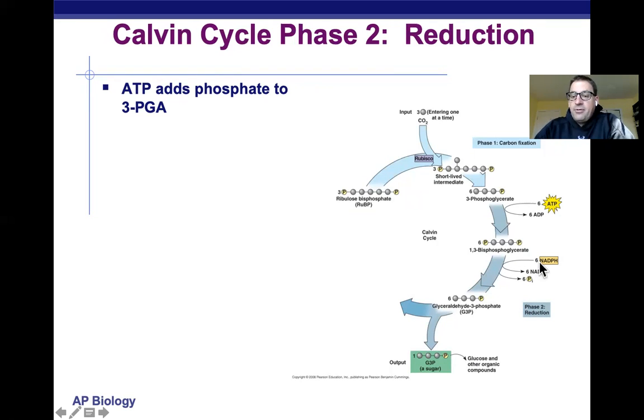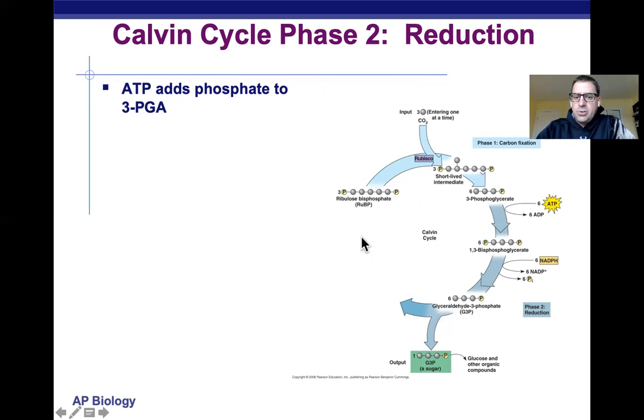So now, after that reduction phase, where the NADPH drops off its electrons, we have 6 3-carbon compounds called G3P, which you should remember was one of our intermediate molecules in glycolysis of cellular respiration. Okay, now we're sitting here with 18 carbons in our cycle, right? 6 3-carbon compounds.